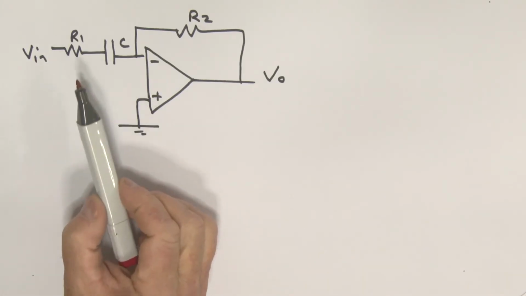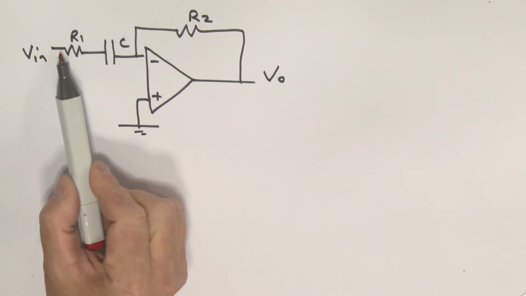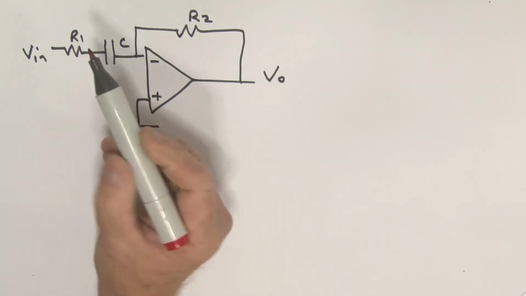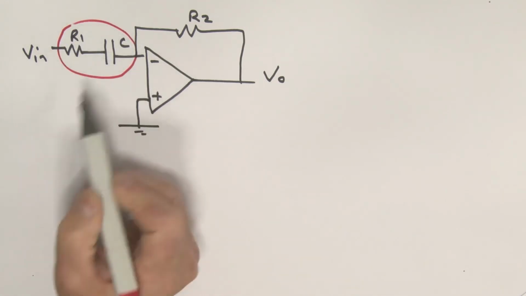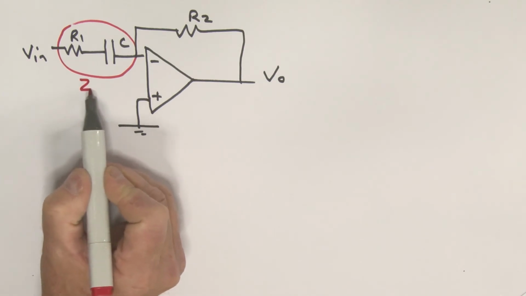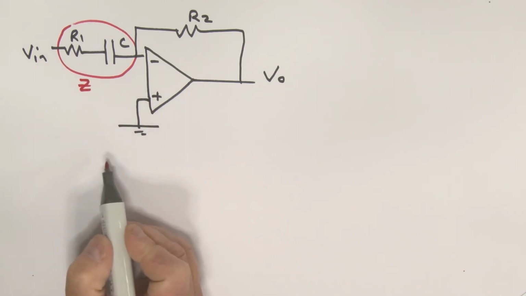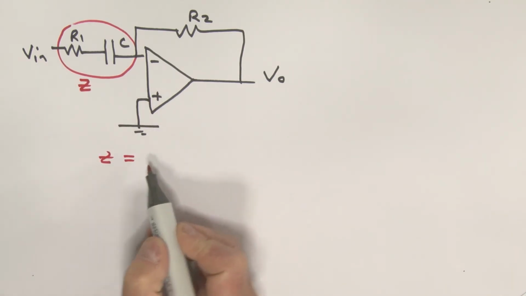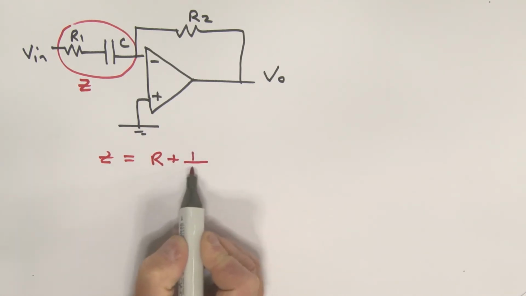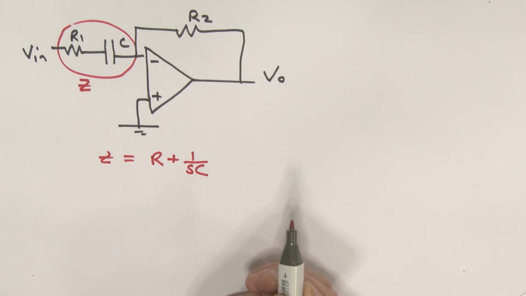A way to fix the problem is to have a small resistance in series with that capacitor. And so we can now talk about the impedance of that resistor-capacitor combination, which we'll call Z. We can then say Z is equal to the resistor R plus the 1 over SC term.